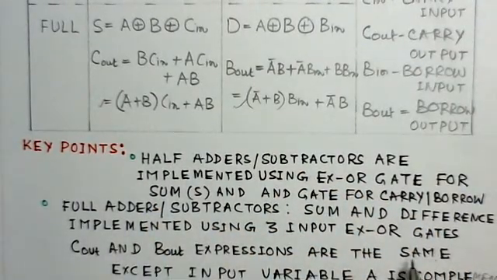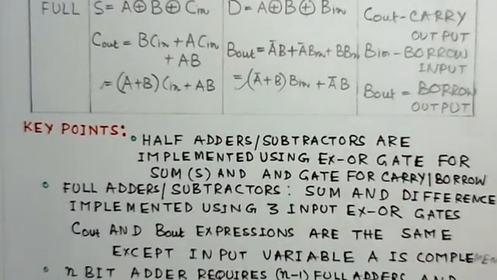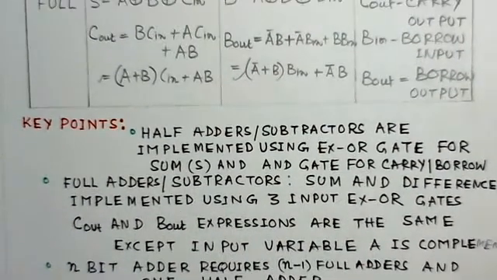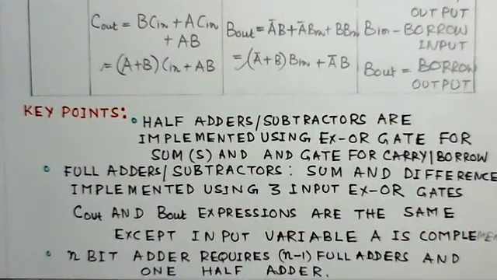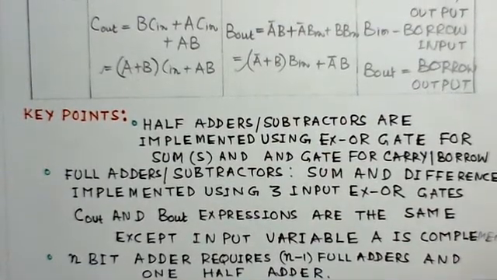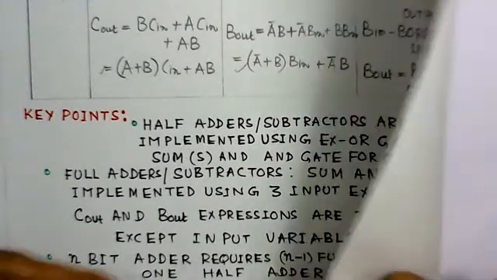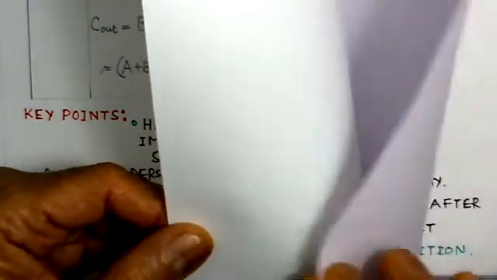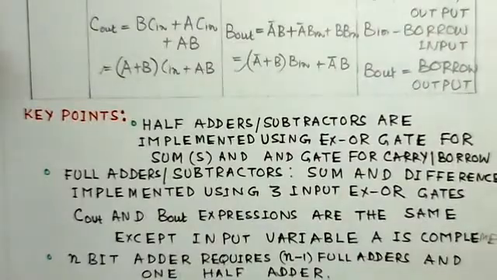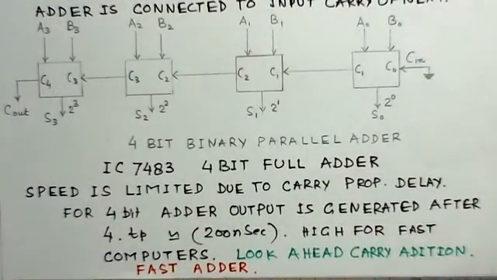So that's why I say using 3-input XOR gates, and C out and B out expressions are the same except input variable A is complemented. An N-bit adder requires N minus 1 full adders and 1 half adder, because there is no carry generated with the LSB, so a half adder would do the job.